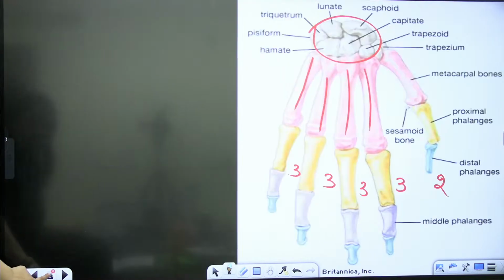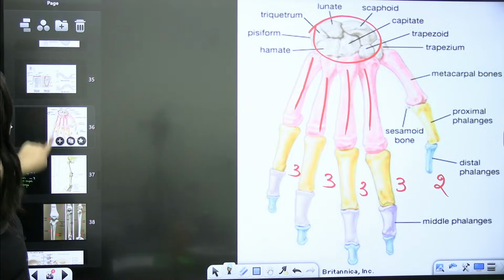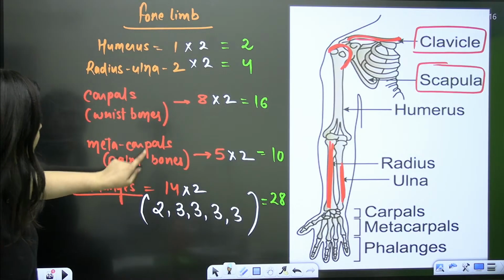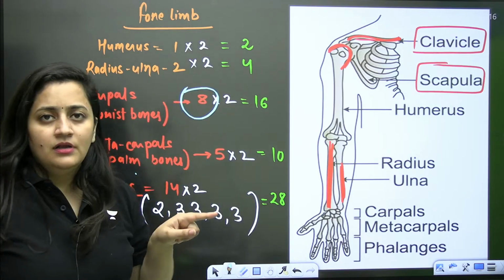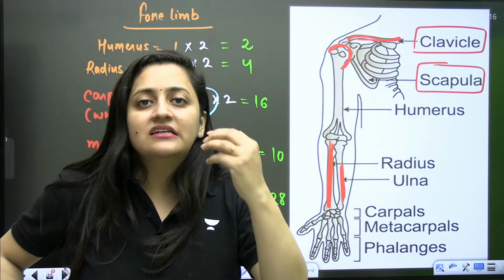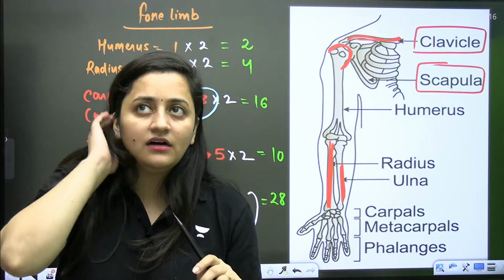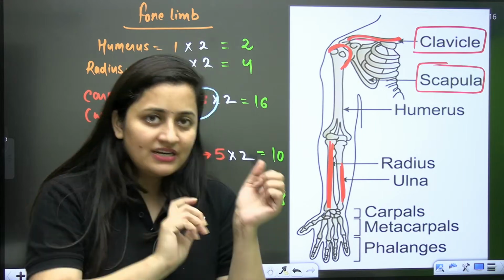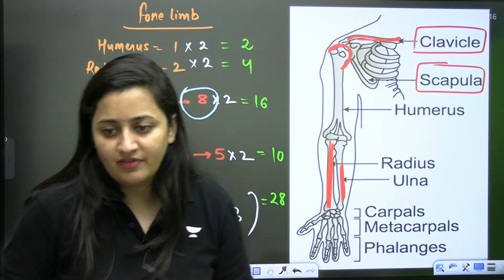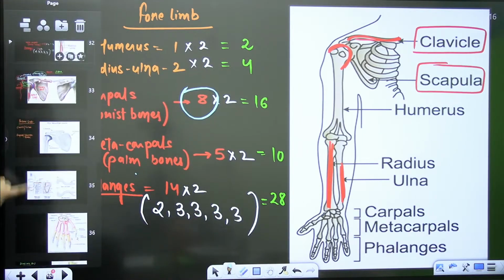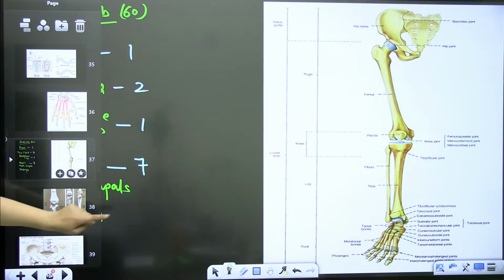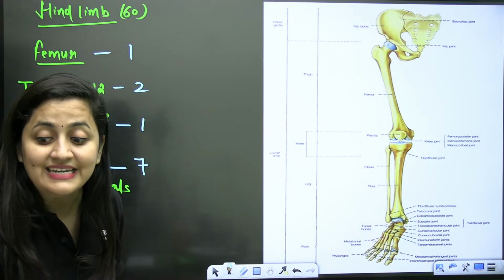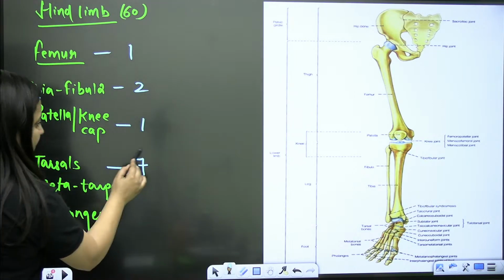The carpals are a total of 8 in the forelimb, but the tarsals, the ankle bones, are 7. The wrist bones are 8, the ankle bones are 7, because one bone is forming the patella, the knee cap here. Clear?